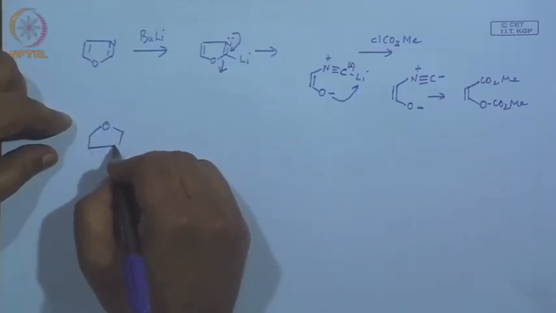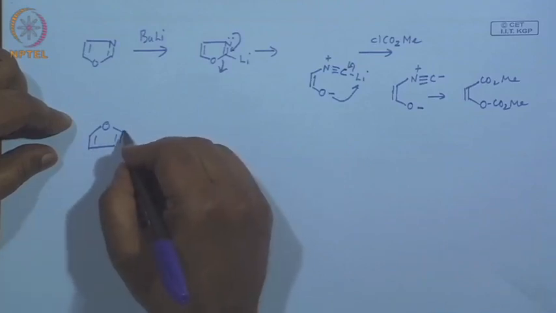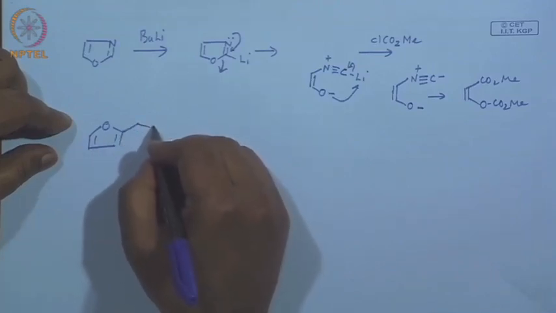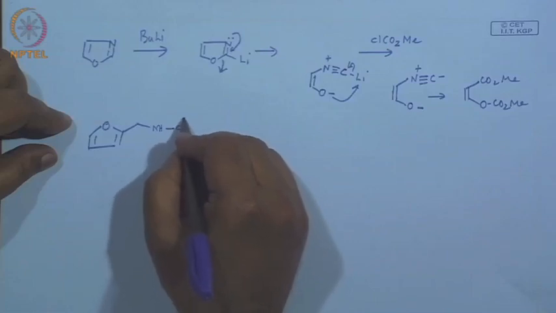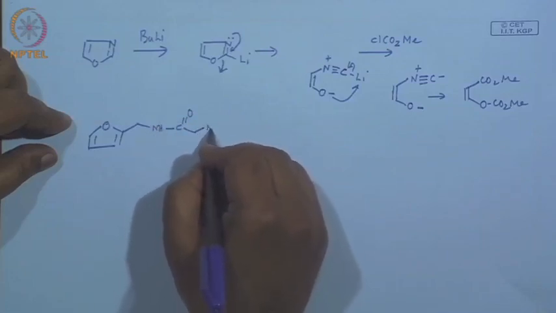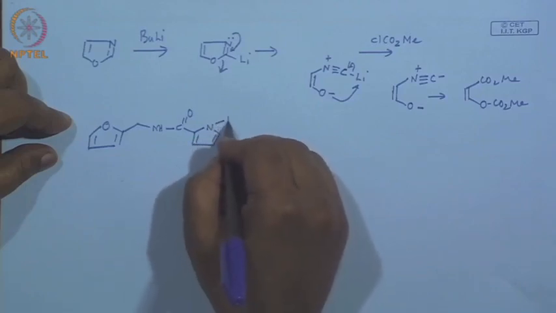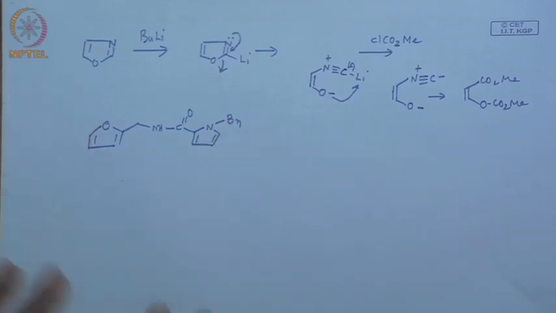In this case, it is not an imidazole, but it is a furan. Then there is an amine and an amide carbonyl, and this amide carbonyl is linked to a pyrrole moiety, and it is a benzyl.